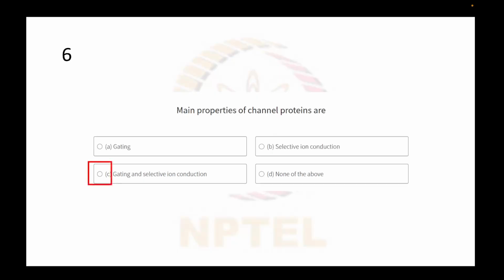Yeah, they are used for both gating and selective ion conduction.